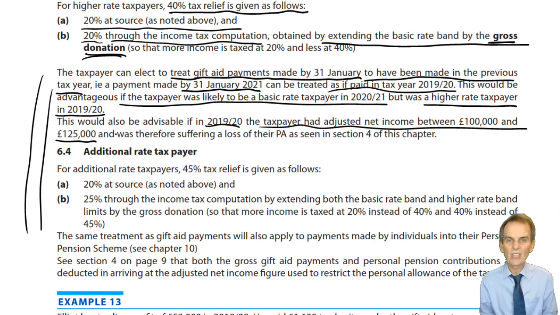Now, we've recently looked at that, haven't we? When your adjusted net income goes above £100,000, you start to lose your personal allowance. By the time you get to 125, you have lost the entirety of your 12,500 personal allowance. That was based on adjusted net income.